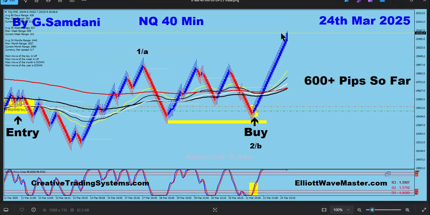Nasdaq went from here to here. This is from the 40-minute chart. This entry was also the previous Friday. You can see the 23rd, 21st. Right, so the entry was there, and then I just let it go for the weekend, and it went up like that.